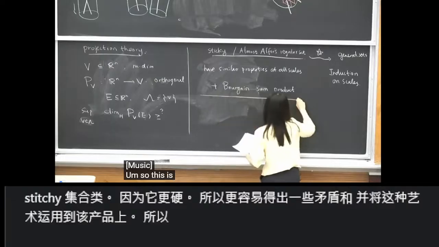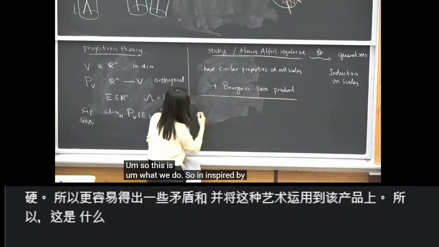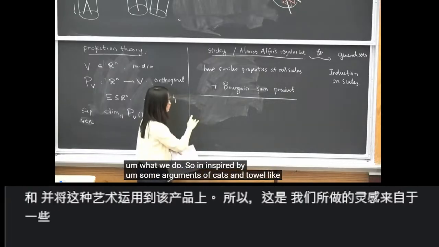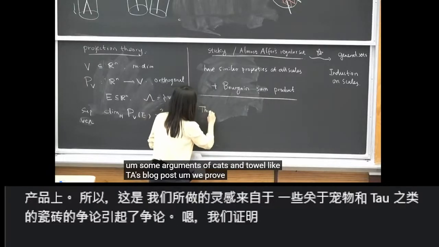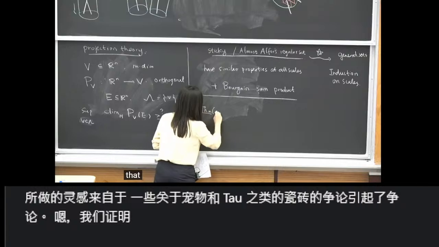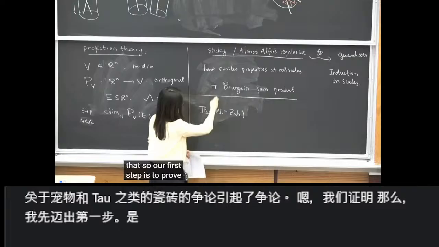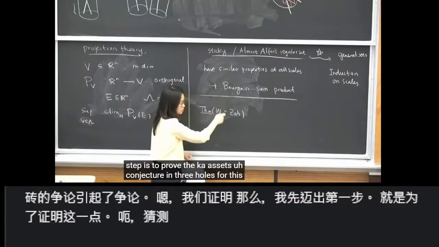So this is what we do. Inspired by some arguments of Katz and Tao, like Tao's blog post, we prove that our first step is to prove the Kakeya set conjecture in R3 holds for this special class.